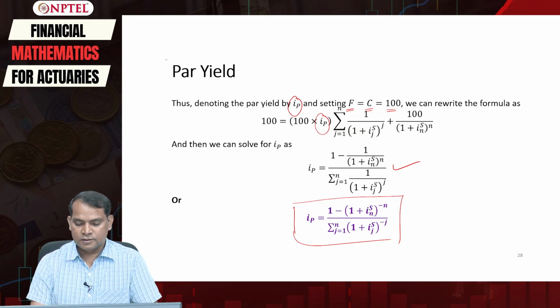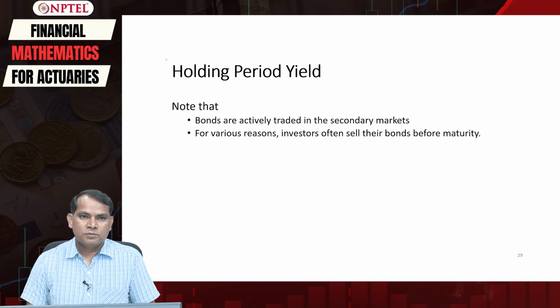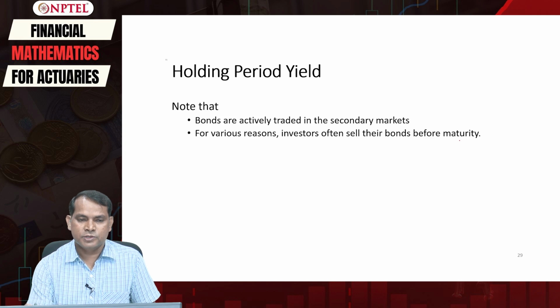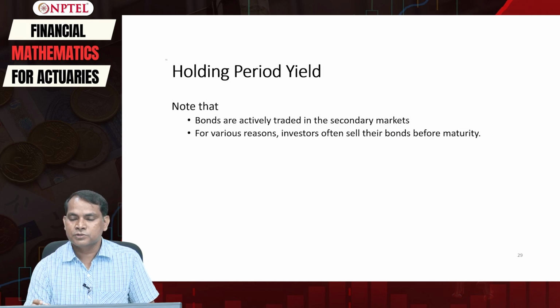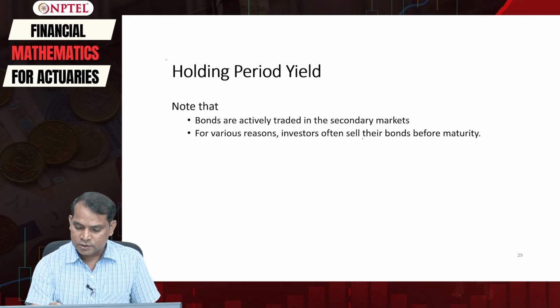So, let us now understand what the holding period yield is. Note that bonds are actively traded in the secondary market, and for various reasons investors often sell their bonds before maturity, and therefore they are concerned about how much return they are going to get when they sell it.